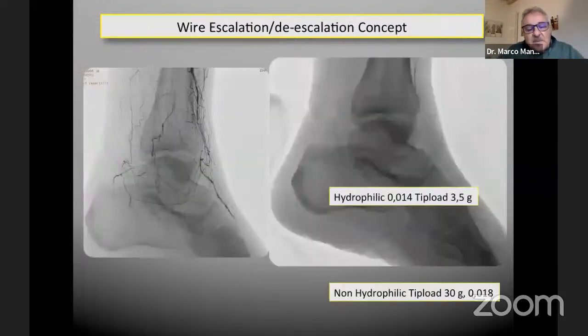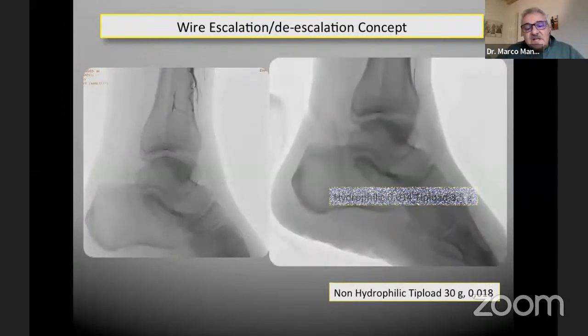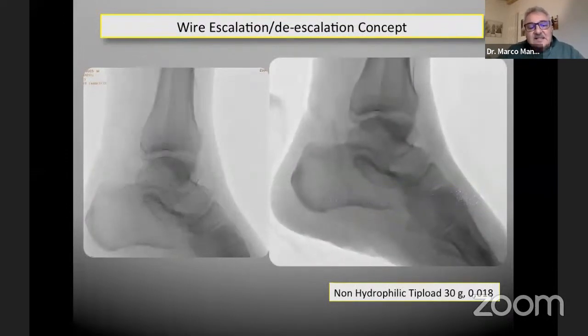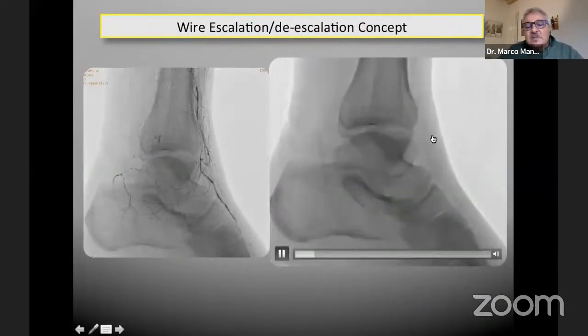This is an example of severe calcification in the distal anterior tibial. We try to use the normal hydrophilic 0.014 wire to cross this occlusion, this short calcified occlusion.